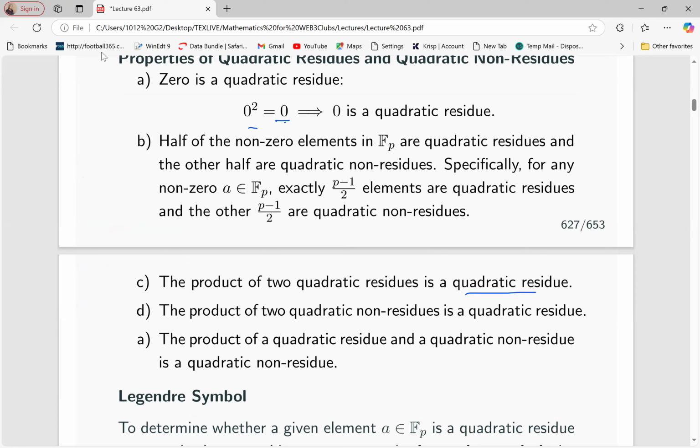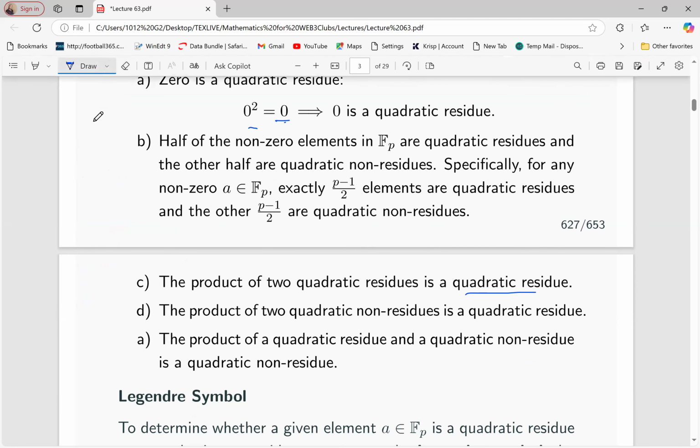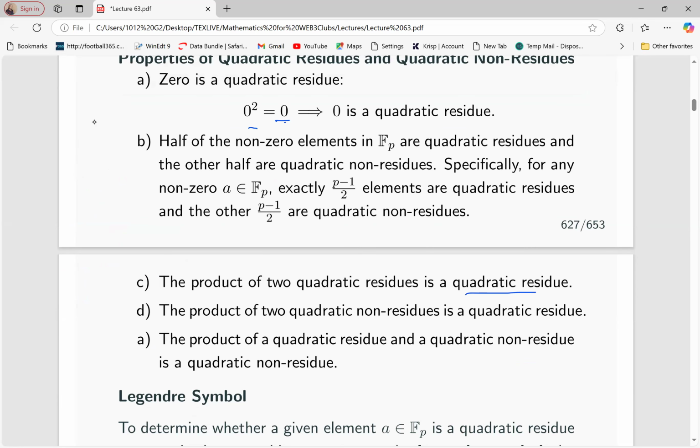And if you have 2 numbers that have no square roots and multiply them, they'll give you a number that has a square root. That's what this one is saying. So the product of 2 quadratic non-residues is a quadratic residue.